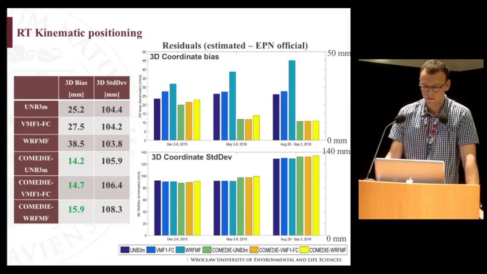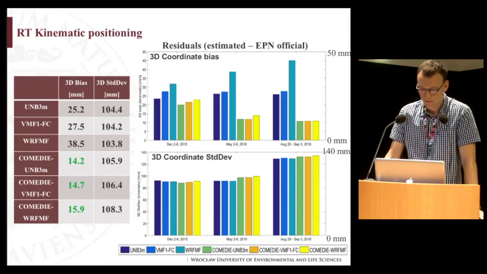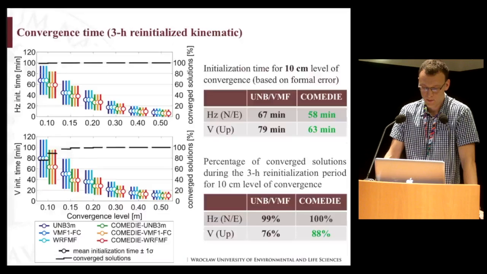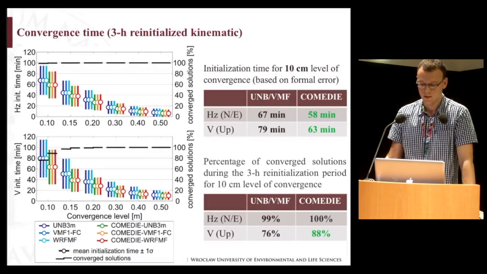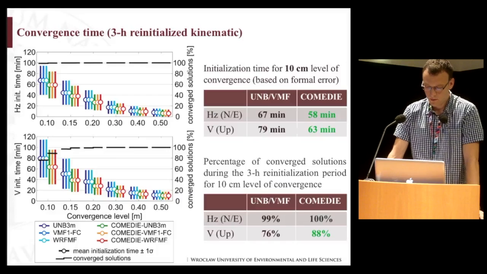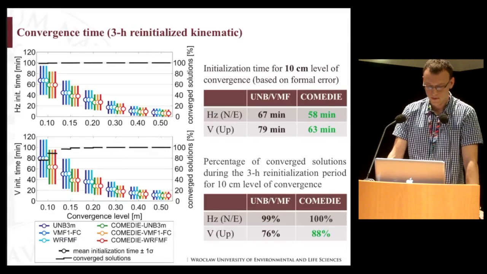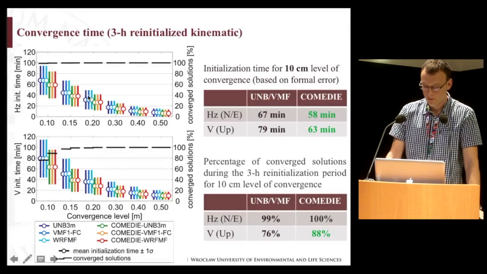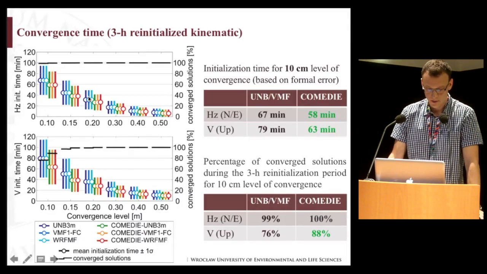And finally, we investigated how our model affects the convergence of the PPP solution, and here we use this kinematic reinitialized solution. On the plots on the left-hand side, you can see how long it takes for each solution to converge below a specific level based on the coordinate formal errors. And in the table, you can see the numbers for the 10 centimeter level only.